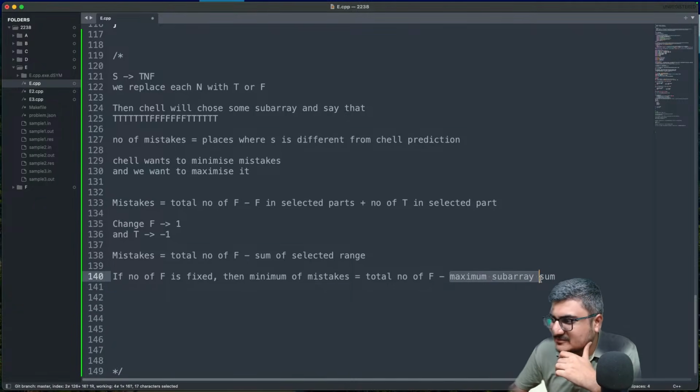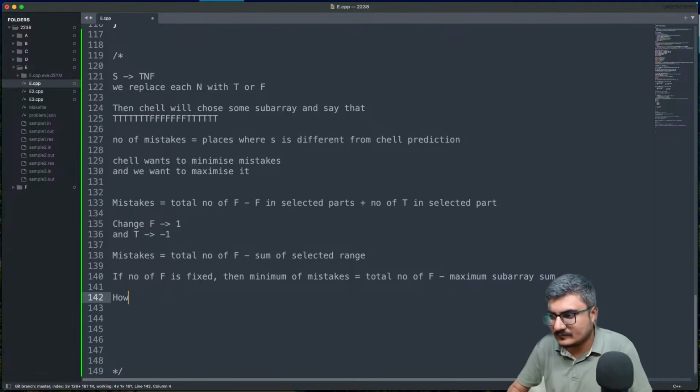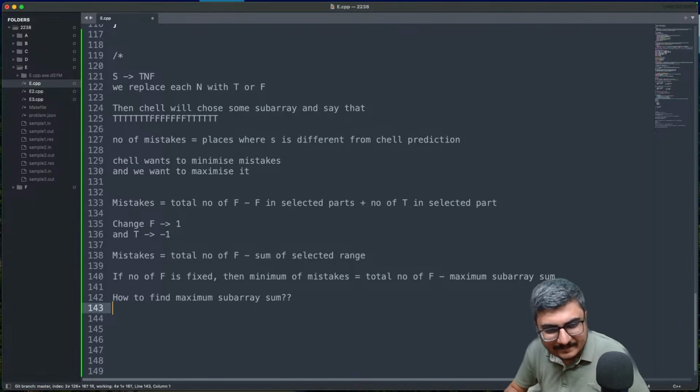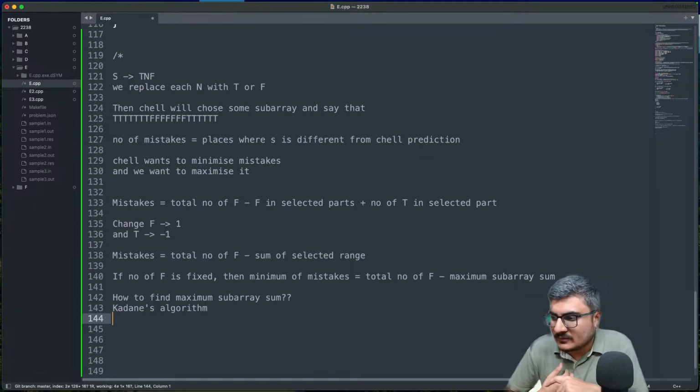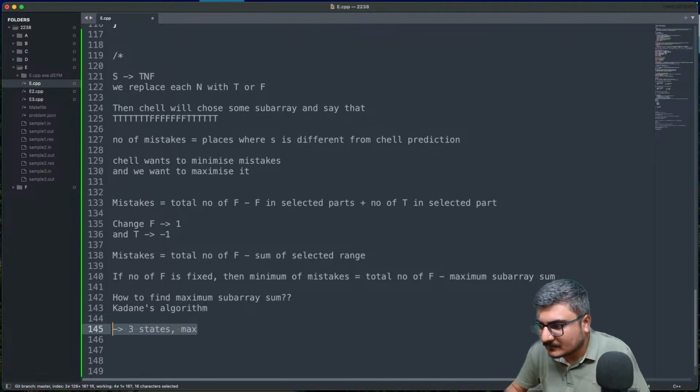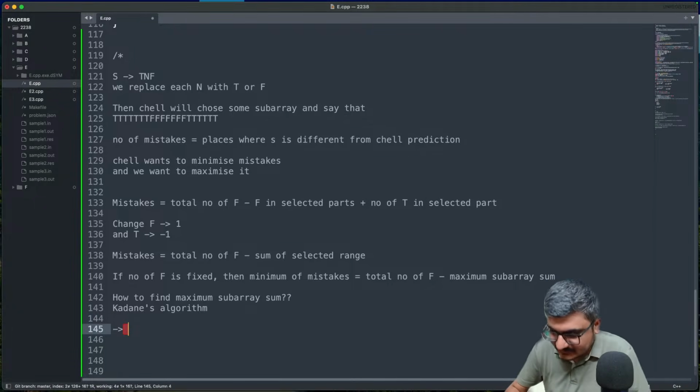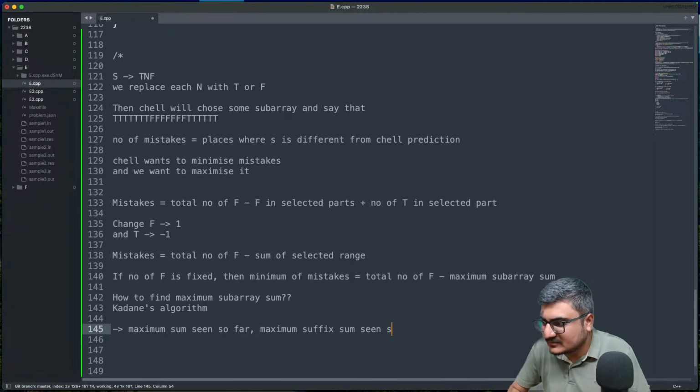And how do you find the maximum subarray sum? We can use Kadane's algorithm. Kadane's algorithm has 3 states: maximum sum seen so far, maximum suffix sum seen so far.